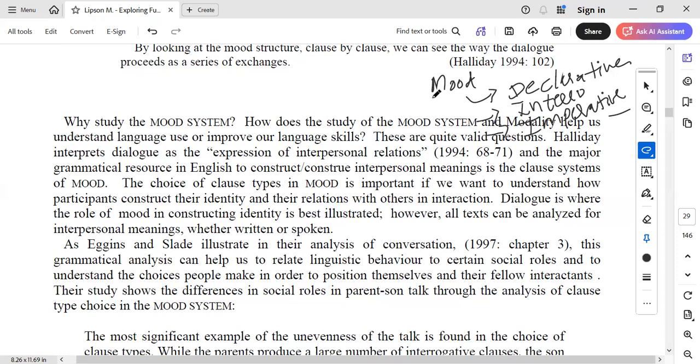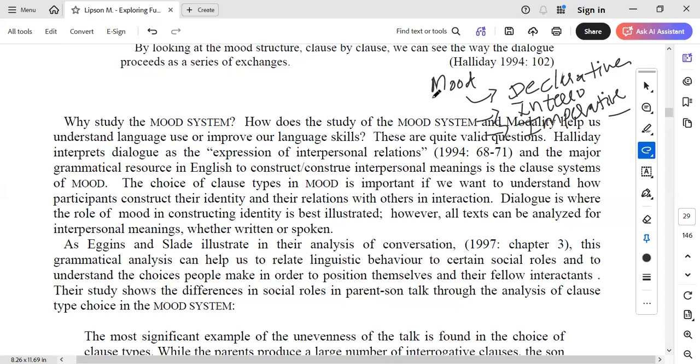Okay. As Higgins and Slade illustrate in the analytical conversation, this grammatical analysis can help us to relate linguistic behavior to certain social roles and to understand the choices people make in order to position themselves and their fellow interactants.